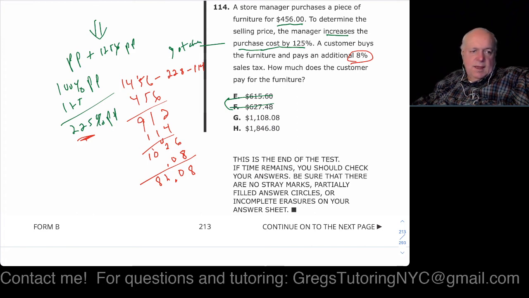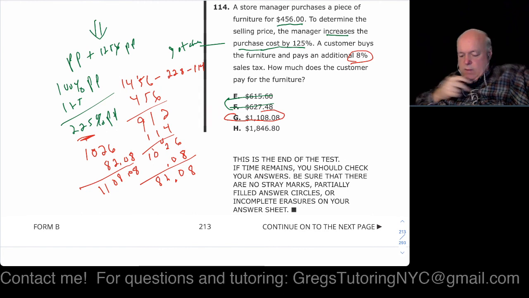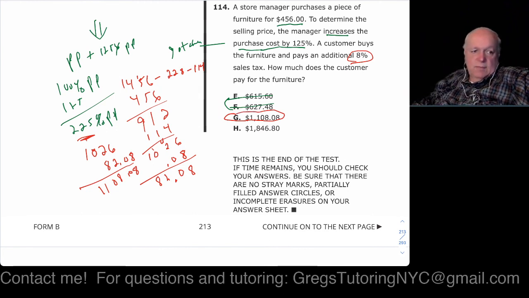So I have to add the 1026 to the 8208. And we get 0.08, 6, that's 8, 0, 1. So we get 1108, and which means our answer is G. Okay. And we can live happily ever after that the computation actually came out all right.